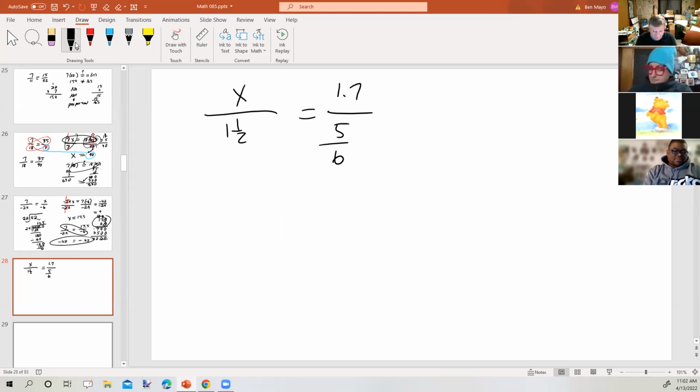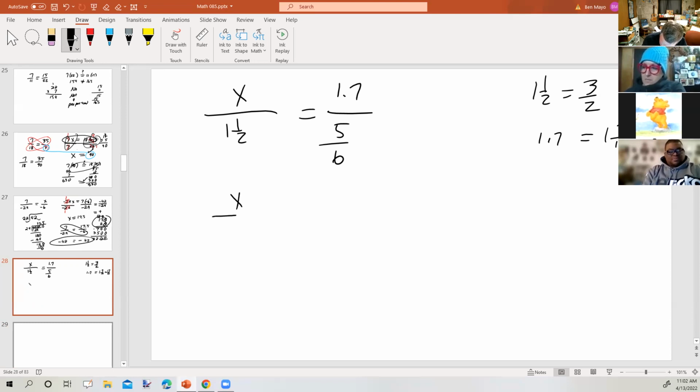5/6, however, would give us a repeating decimal, and that's going to be a problem to deal with in the equation. So what I'm going to do instead is change everything into fractions. In fact, yeah, fractions, not mixed numbers, not decimals, but fractions. So 1.5 would be 3/2, okay? 1.7 is 1 7/10, which is 17/10.